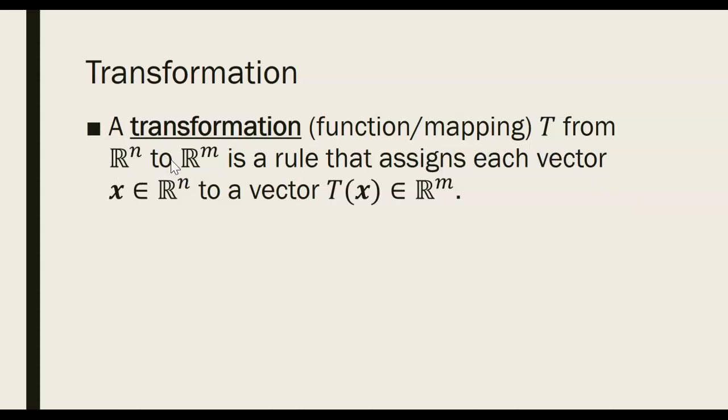These could be the same sets, but from one set of vectors to another set of vectors, where each input gives us some output. So a transformation is basically just like a function where our inputs are vectors and our outputs are vectors. Okay. So that's all the word transformation means.